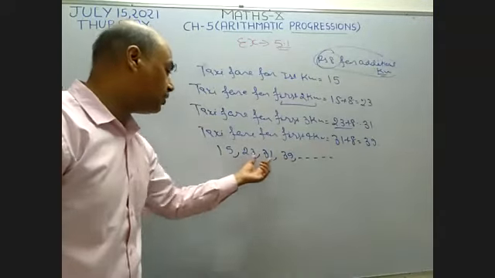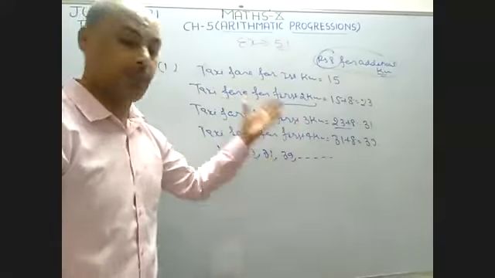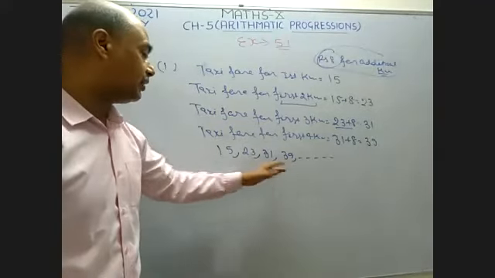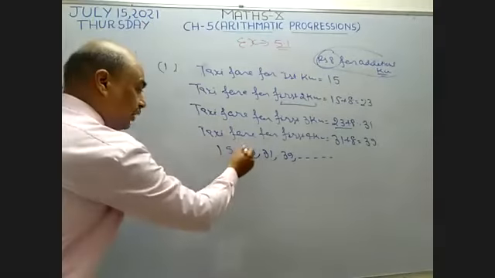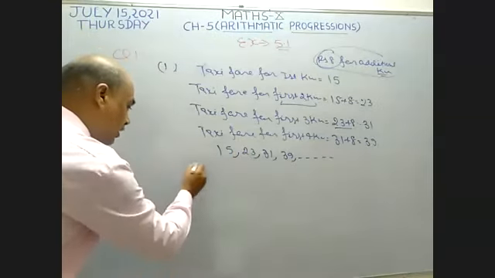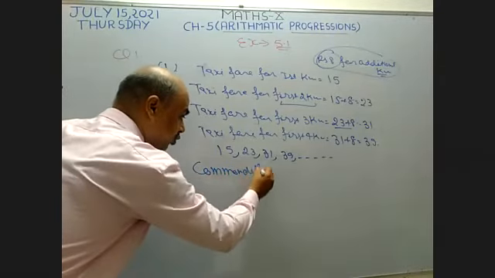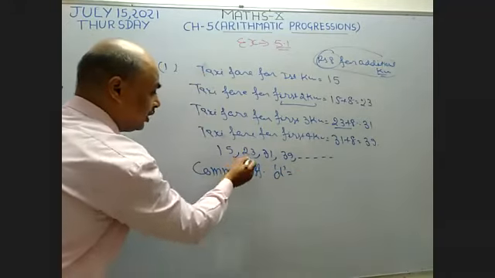If the common difference of the given sequence is the same, then it represents an AP. If the common difference of the given sequence is not the same, then it does not represent an AP. I want to check the difference between these two. As you know, common difference can be written as D. So I want to check the D between the first two numbers.